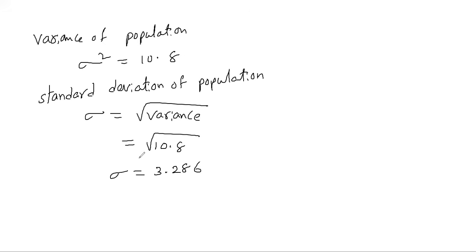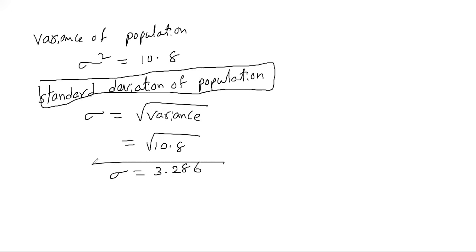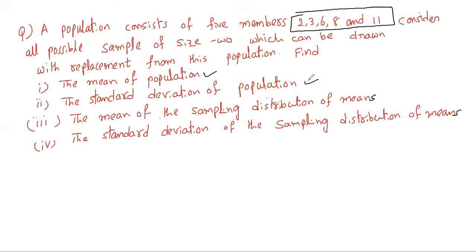This is the standard deviation of the population. You got 3.286. So this completes the second question.